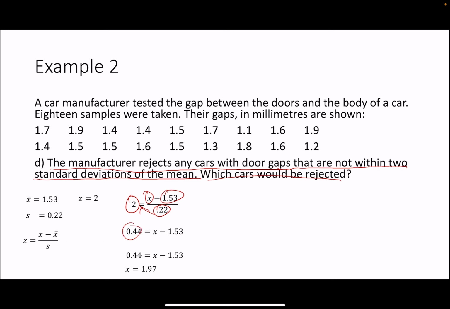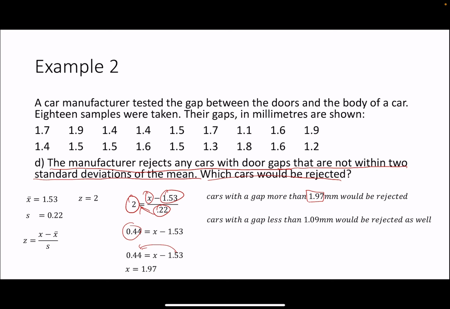And then we move this to that side, so we add it, 1.97. Cars with a gap more than 1.97 millimeters would be rejected. So what would be rejected? Car gaps with less than 1.09 would be rejected as well.